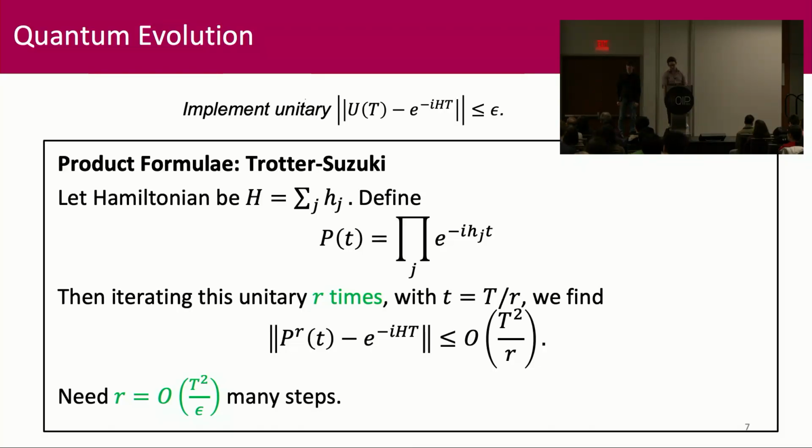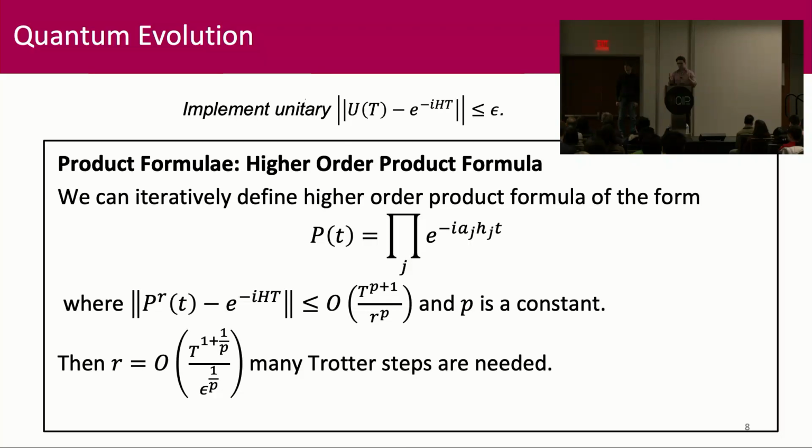Okay, fantastic. And of course, people have gone away and developed higher order product formulae. There are many of these, like the higher order Trotter-Suzuki formulae. They broadly take the same form, which I've written here generically: P of t as a product of exponentials of the Hamiltonian, but now we appropriately weight the exponents so that some of the terms cancel out.